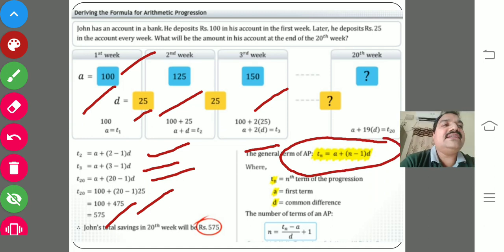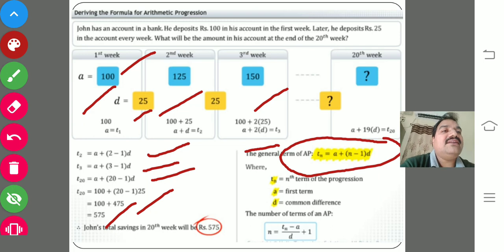So if you know this formula, Tn equal to a plus n minus 1 into d, not only the 20th week, you can find the 40th week, 90th week, 60th week, 100th week, 250th week, whatever it may be. Suppose I would like to find the 52nd week, Tn is nothing but a plus 51d, because you are going to find the 52nd one.